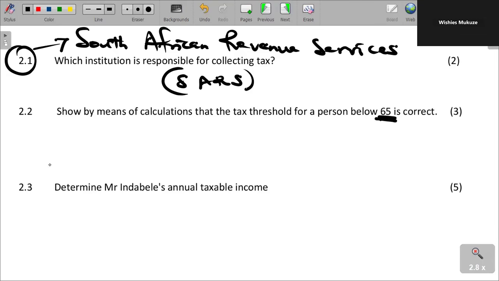So now, what we are given is the tax threshold.